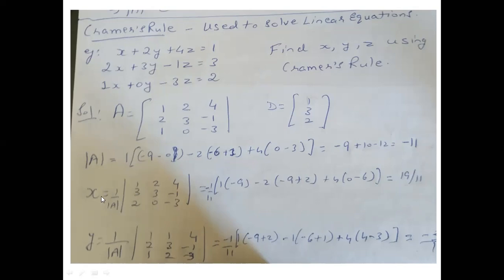To find x, I replace 1, 2, and 1, which are the coefficients in the equations, by 1, 3, and 2, which is the RHS of all the three equations. Therefore, to find x, I'll replace 1, 2, 1 with 1, 3, and 2.